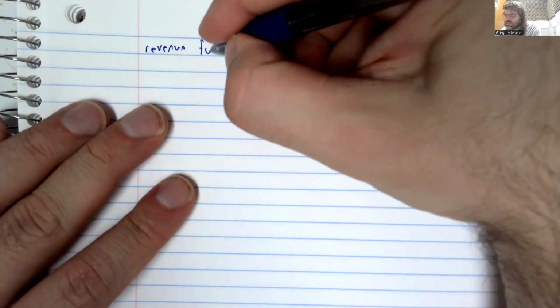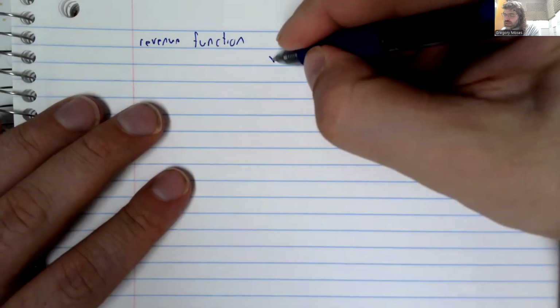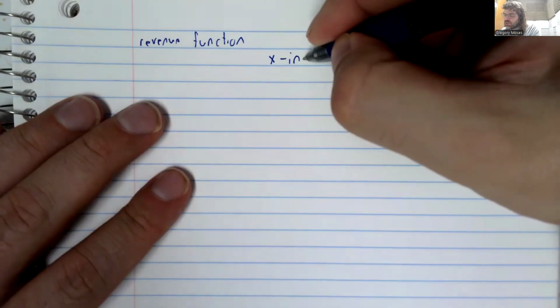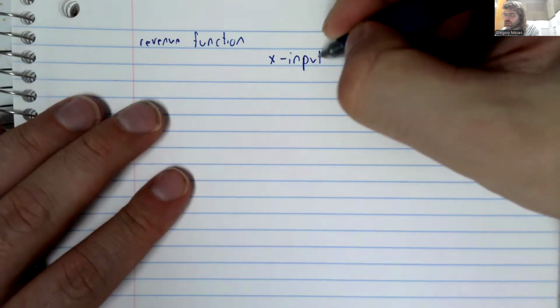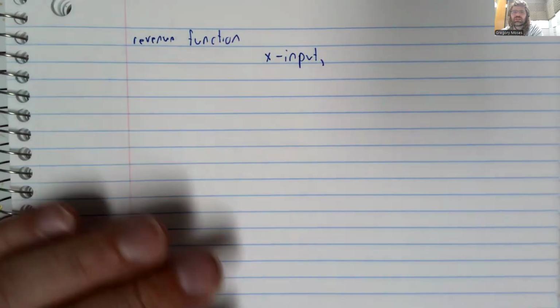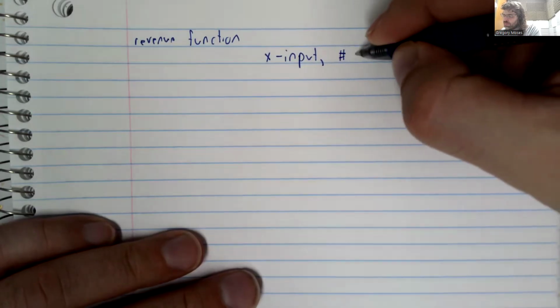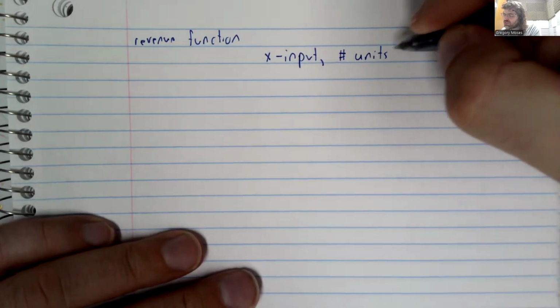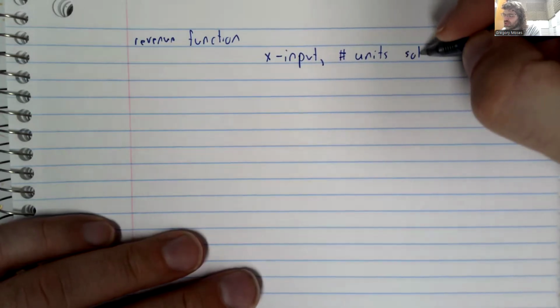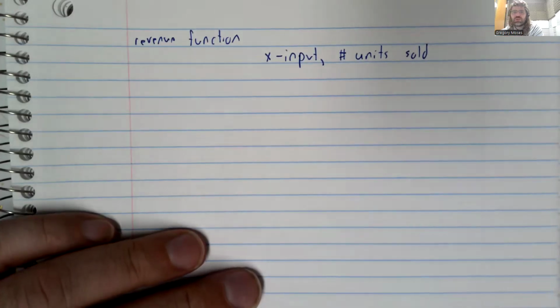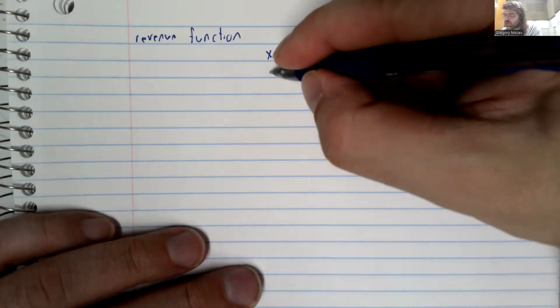So suppose we have a revenue function. So x is our input, and let's say x is the number of units of something that you successfully sell.